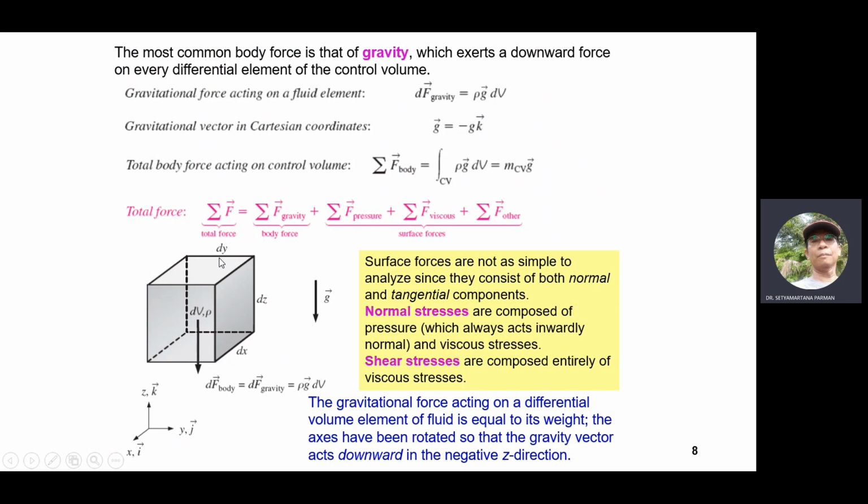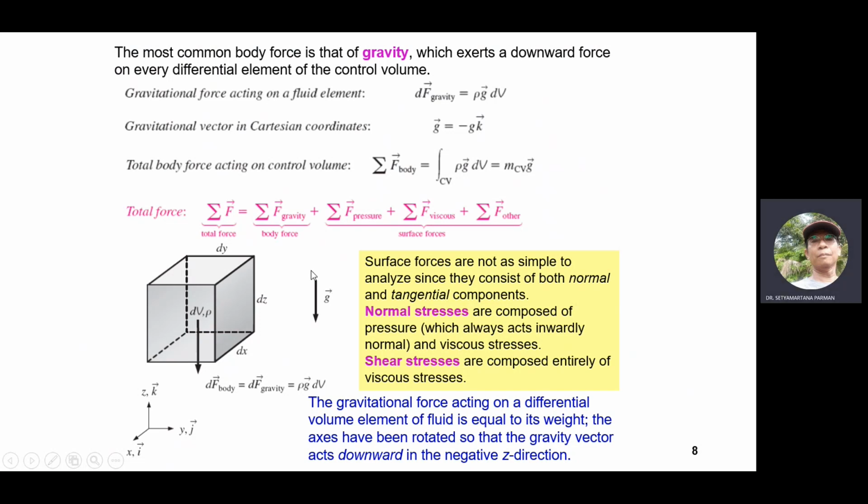So if we see this elemental volume, using the Cartesian coordinates, we define x, y, z. And then the gravity acceleration is directed to the negative z-axis.